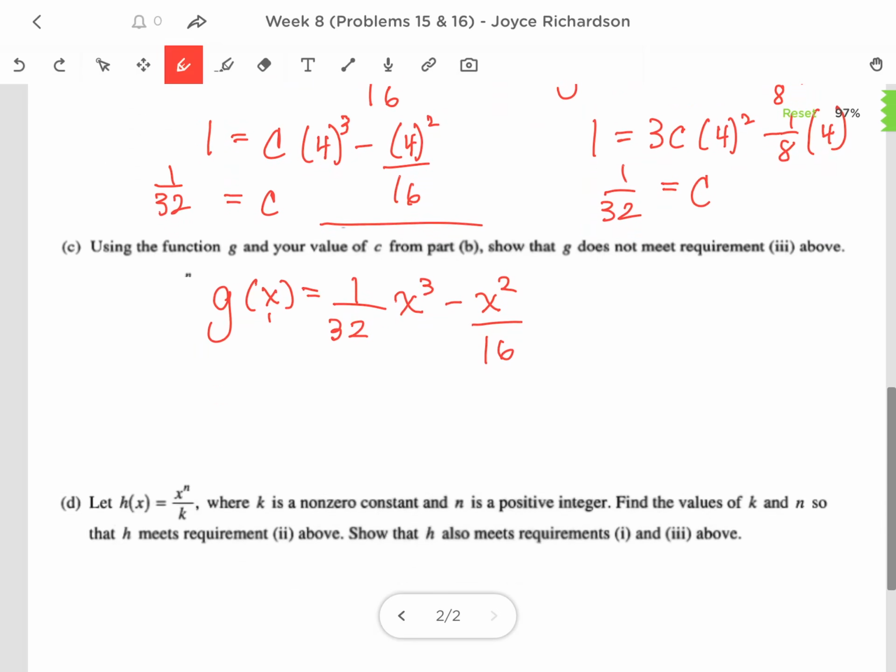How do I figure out if a function is increasing or decreasing? I'm going to take the derivative and get my critical points. So if I do that, I end up with 3/32 x squared minus 1/8 x.